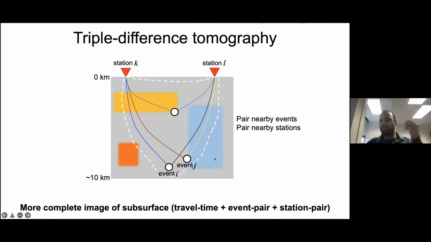And what you essentially get when you do that is that you firstly have a much larger data set to work with. But secondly, you get more of a holistic image of the subsurface from the near surface all the way down to the base of the seismogenic zone. So you get a better and bigger picture.